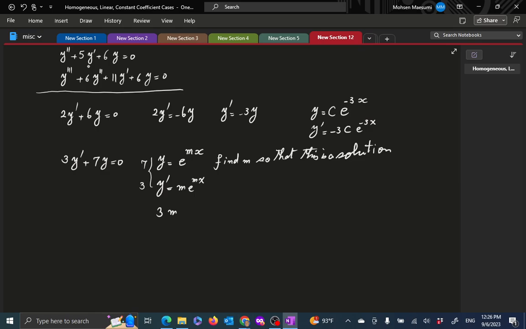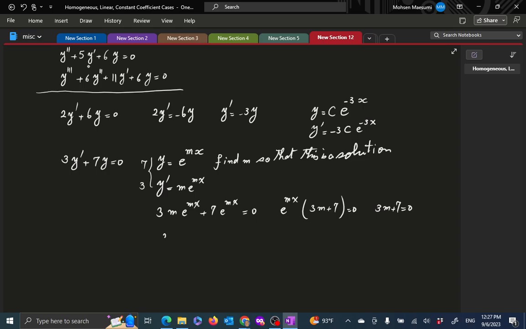So 3m exponential of mx plus 7 exponential of mx has to be 0. Well, we can factor the exponential. I'm left with 3m plus 7. This product has to be 0. Exponential is never 0. The only way this can happen is if 3m plus 7 is equal to 0.